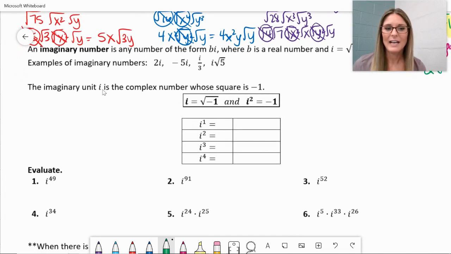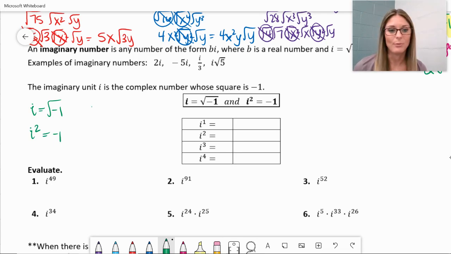The imaginary unit i is the complex number whose square is -1. So if we said i is equal to the square root of -1, that would mean i squared is equal to -1. I know I'm blowing your mind.